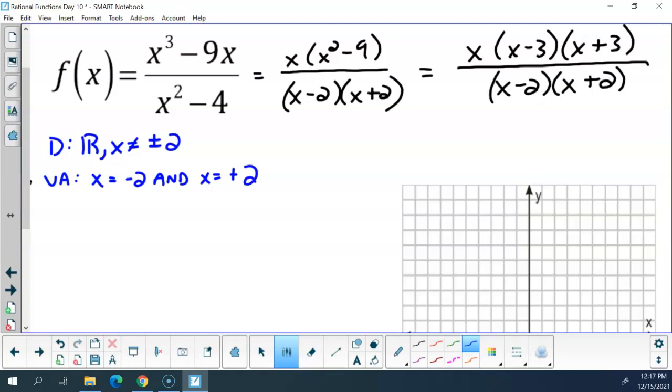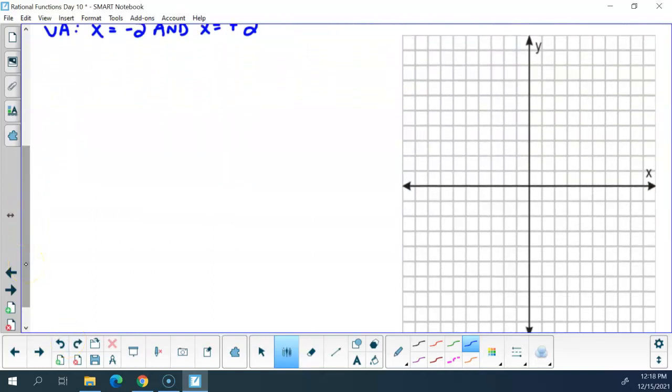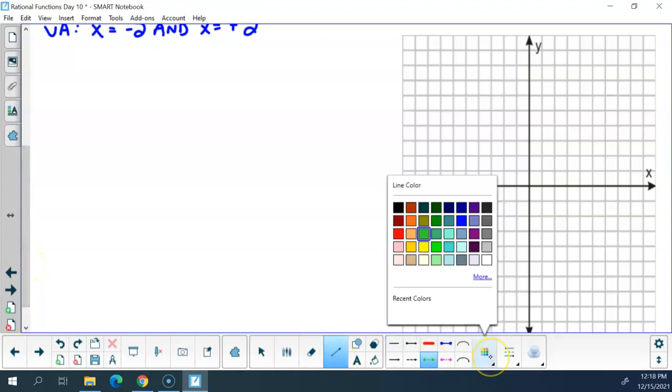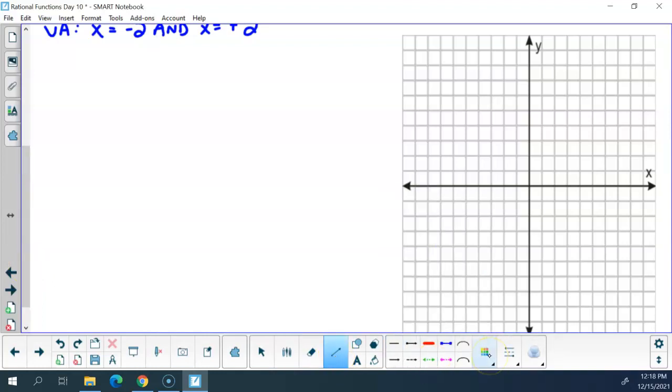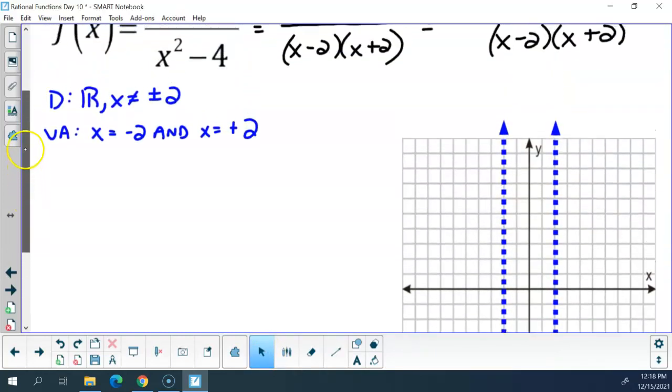So that would be negative 2. Bam. Love it. Good so far.